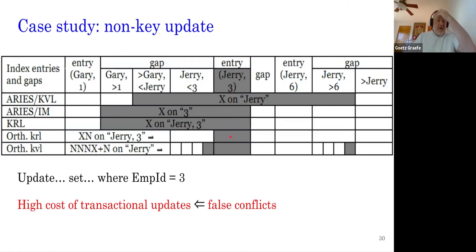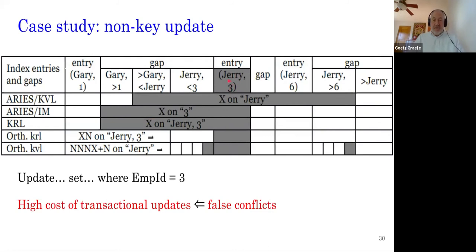Orthogonal key range locking is actually the most precise. Remember, orthogonal key range locking locks an entry and the entire gap to the right. So it could lock this entry and the entire gap to the right. So for updates, locking only one entry like this one here is the most precise, whereas orthogonal key value locking actually locks a partition of entries.